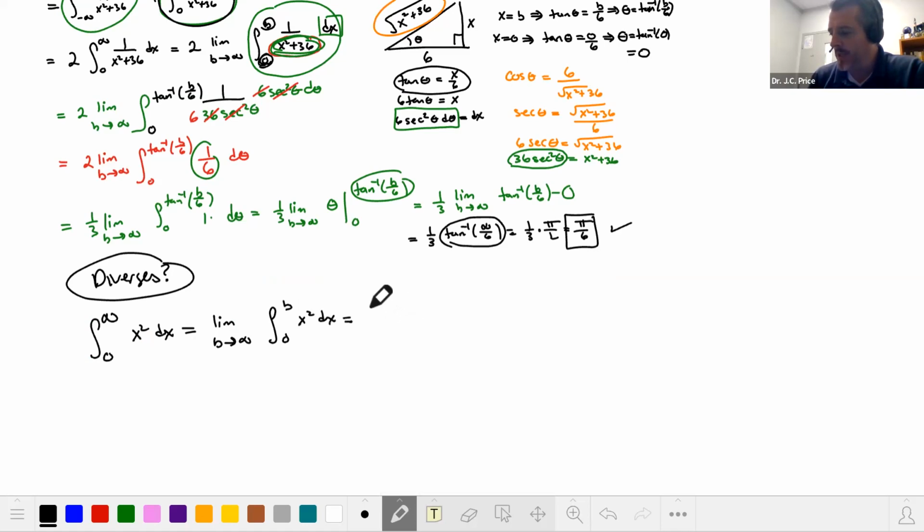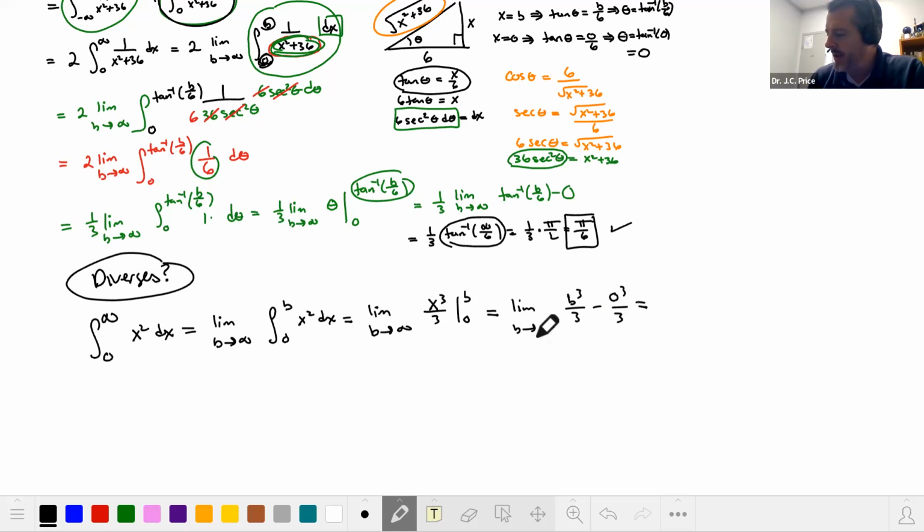And of course, that's going to be equal to the limit as b goes to infinity. We can integrate this. We just add 1 and divide by it: x cubed over 3 from 0 to b. Plug in our limits of integration. So the limit as b goes to infinity, and then that would be b cubed over 3, minus 0 cubed over 3, which is just 0, but we'll write it down.